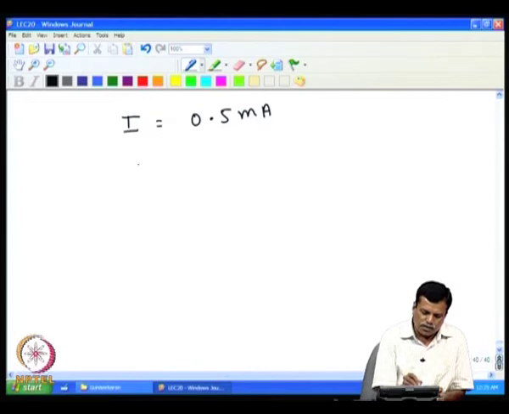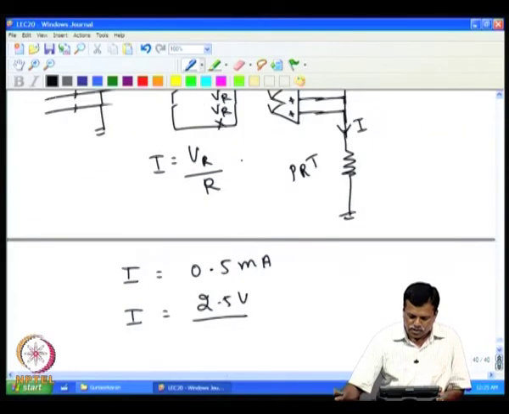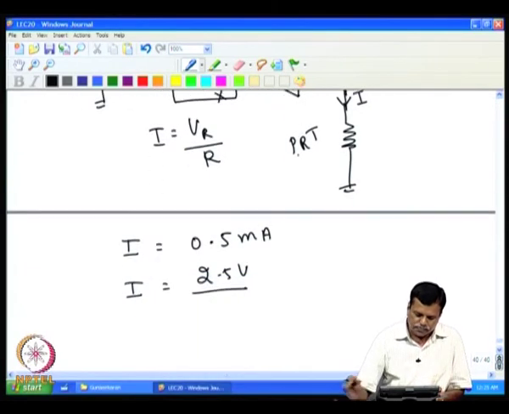So, I is given by 2.5 volt divided by this resistance R, which is 0.5 into 10 power minus 3.